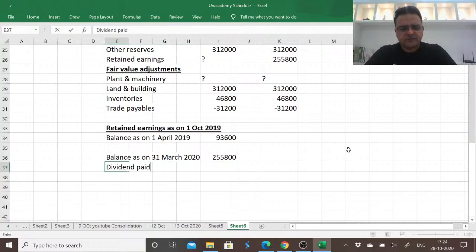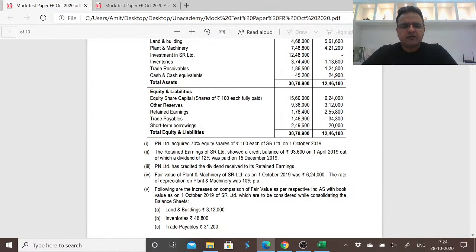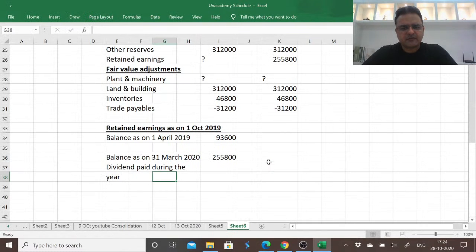Dividend paid during the year is equal to 12% dividend paid on 15th December 2019.